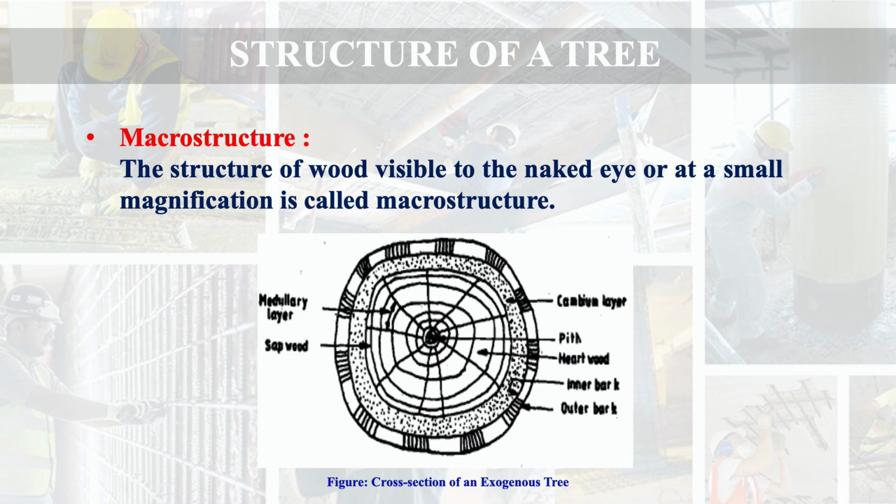So let us have a look at the cross section of an exogenous tree. In the center you see the pith, then the next layer is heartwood, then sapwood, then in between is the medullary layer, then inner bark and the cambium layer, and finally the outer bark.